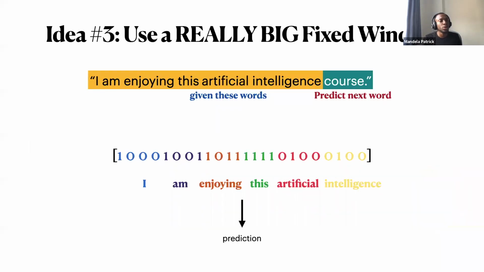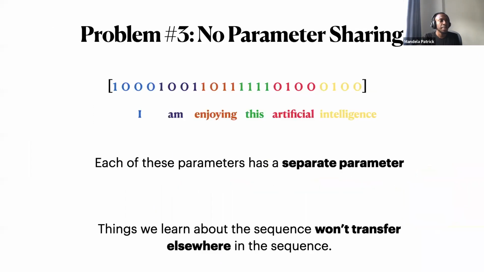The most straightforward thing would be to use a really big fixed window to predict the next word. In this case, we're using the entire preceding context to predict the next word. But the problem is that if we just encode each of the words of the context separately, we don't get to model the interactions between different words in that context.